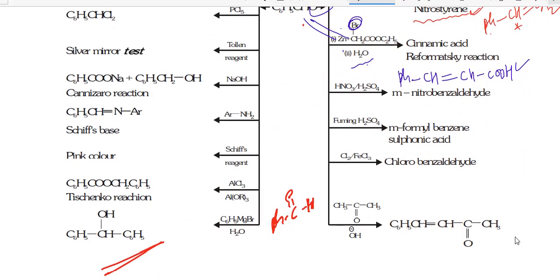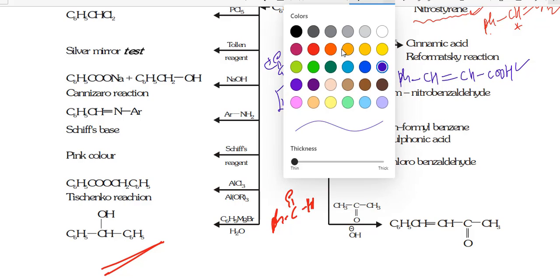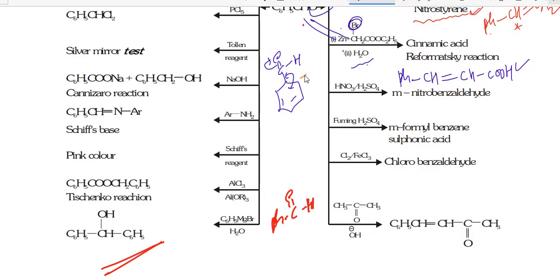Next, nitration. See, benzaldehyde has an electron withdrawing group. So see the mechanism here. Due to this electron withdrawing group, in the benzene, ortho position and para position have partial positive charges. Then if you do nitration, the electrophile NO2 plus will attack wherever electron density is more.